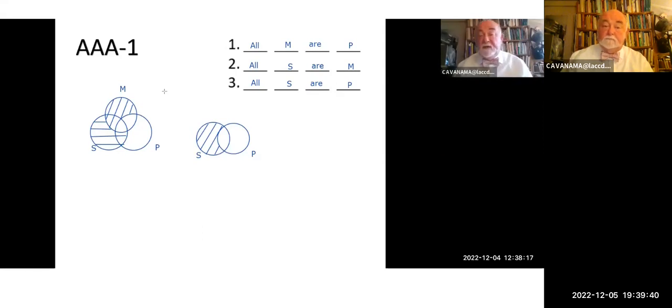It says, if anything is an S, it's also an M. So you could go ahead and use that same diagram for a separate syllogism. You would draw it the same way. But basically, it does the job here because what it says is there is some space in which something could be both an S and a P. And that's what the conclusion requires us to say.